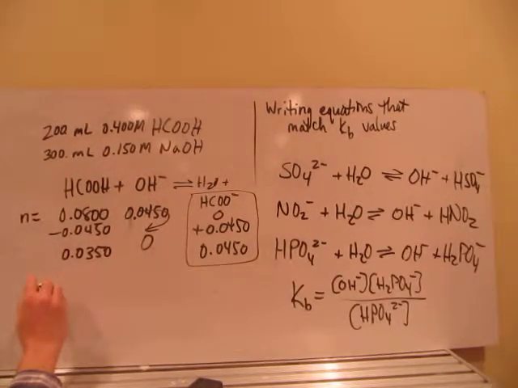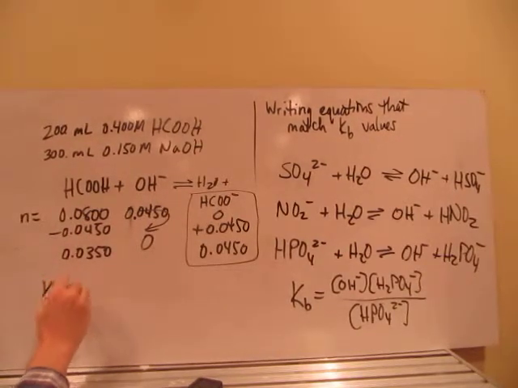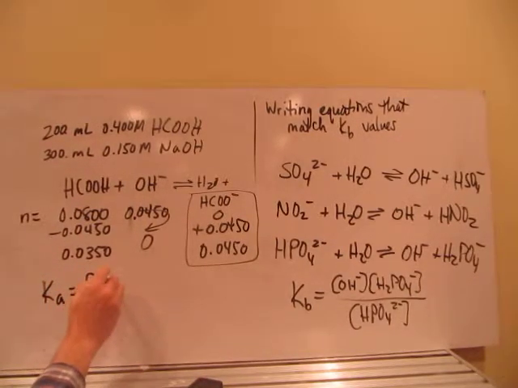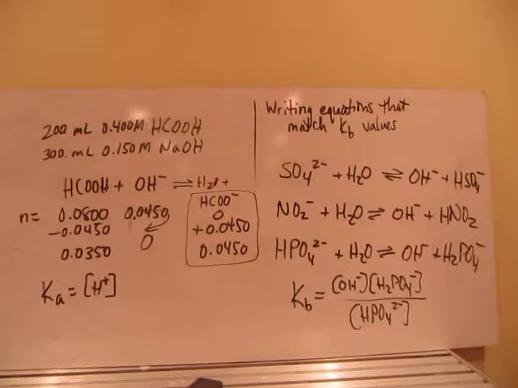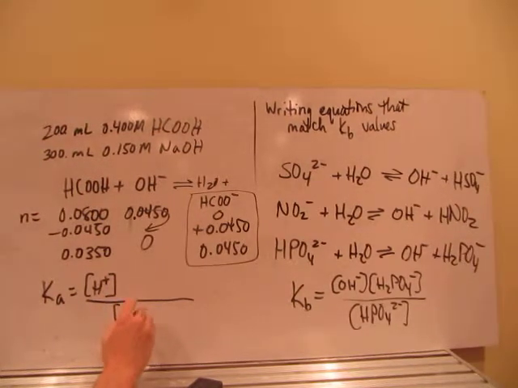So I'm just going to write a Ka expression. I'm going to write Ka because that has the H plus in it. I'm trying to find the pH. I know if I'm going to write a Ka expression for a weak acid in water, I would have the acid on the reactant side and in the denominator.